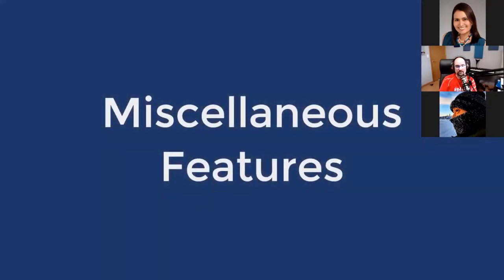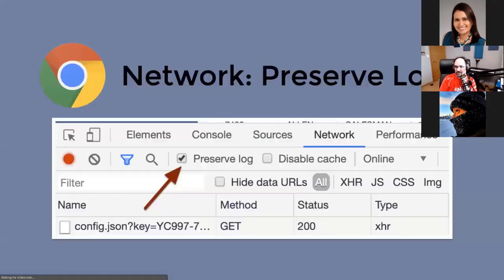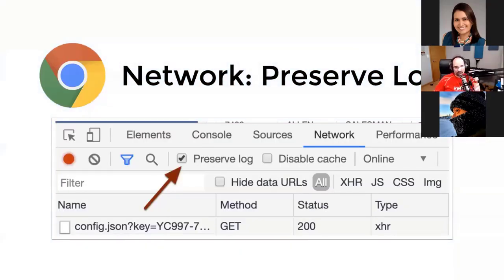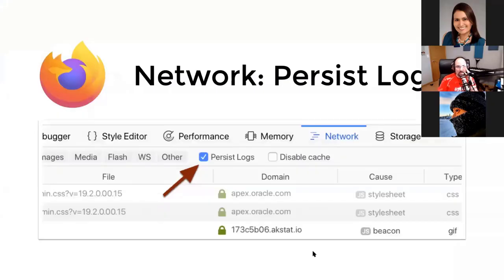All right. So we did a little demo of those. Some interesting miscellaneous features. Preserve log. On Chrome, the feature is called preserve log. On Firefox, it's called persist log, but they're really the same thing.